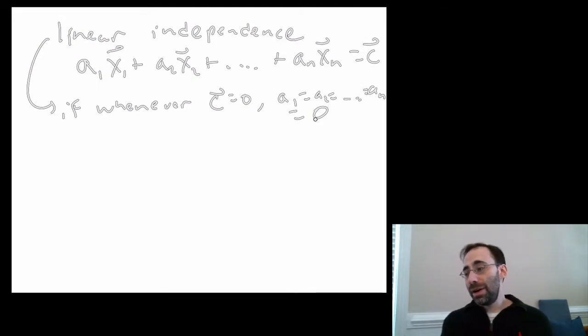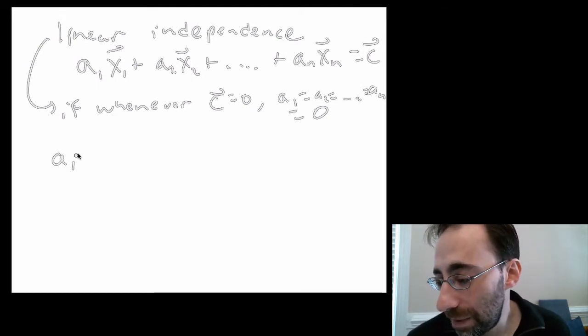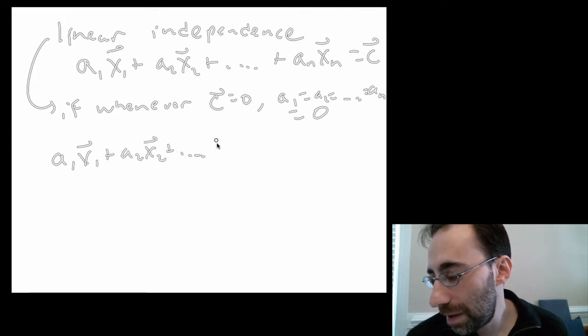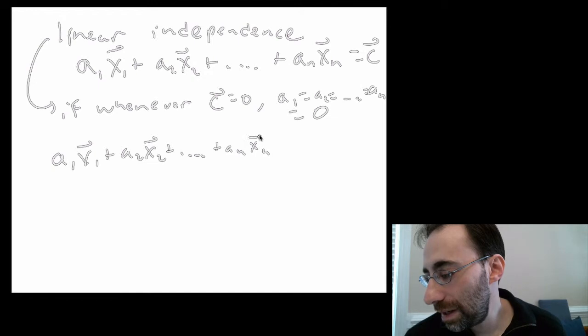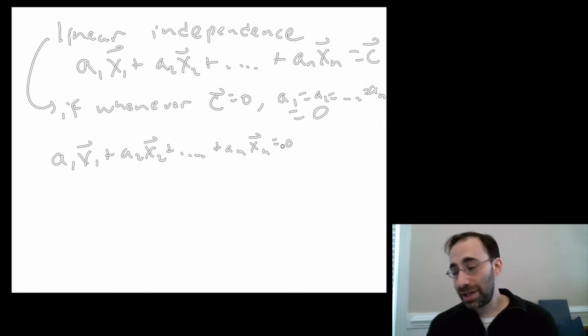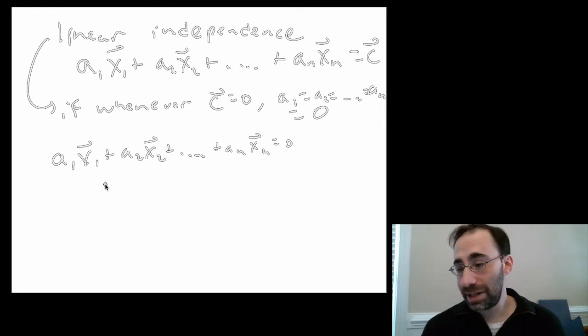Why is that? Well, let's say that was not true. Let's say you could get 0 some other way. Then you'd have a1 x1 plus a2 x2 plus and so on plus an xn equals 0 without the a's being 0. So I could choose one of the a's that's not 0 and move that one to the other side. So let's say a1 is not 0.